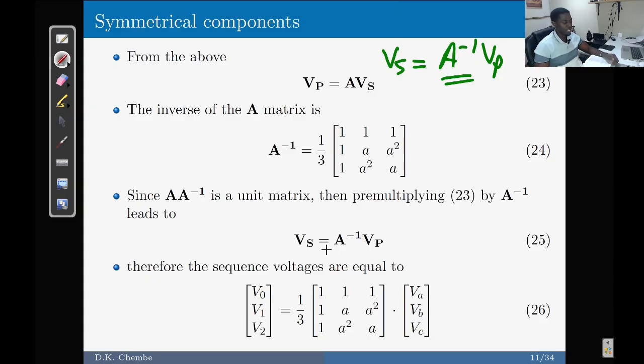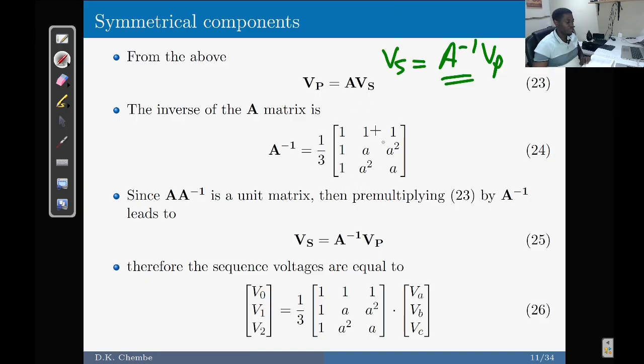And therefore, we can now create equations that give us the solution for the sequence voltages, which in matrix format, V0, V1, V2, equal 1/3 multiplied by the A matrix, or transformation matrix, which is now coming from the inverse.